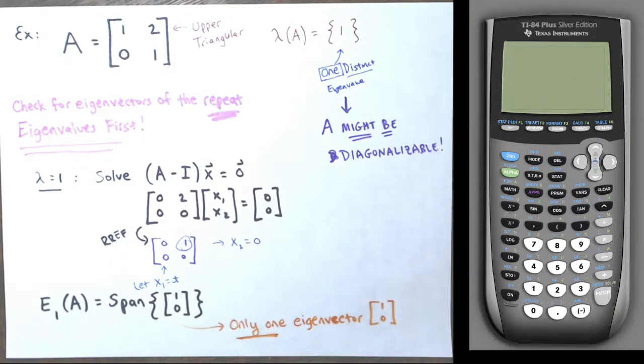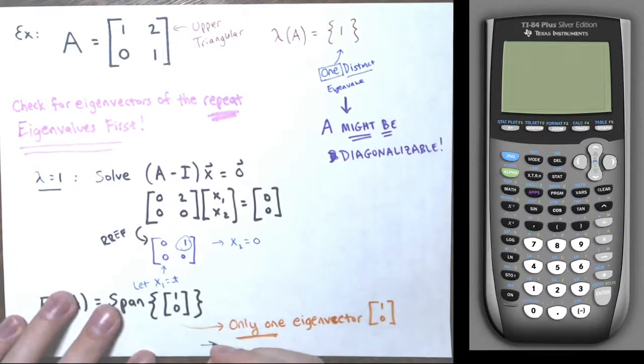An n by n matrix is diagonalizable if and only if you can find n independent eigenvectors. So that means we can't find 2 independent eigenvectors.